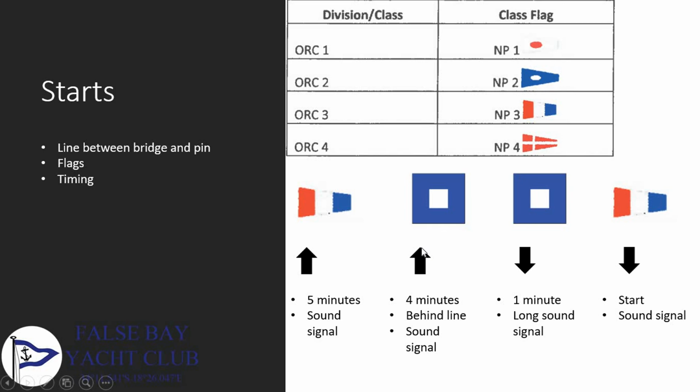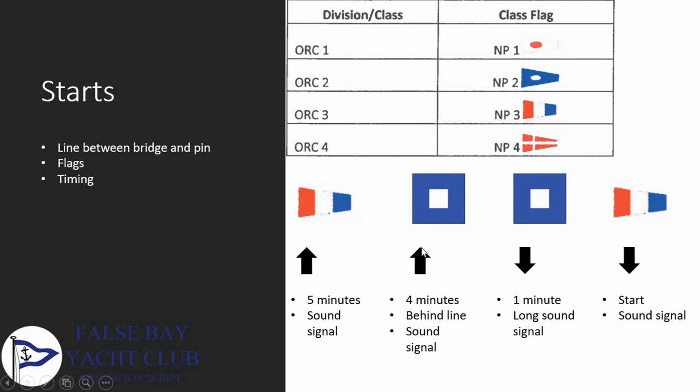There'll be another short sound signal when this flag goes up, and this flag also means that by the time this flag goes up, if any boat is not on the race course and not on the water and behind the line, then they will not be racing.